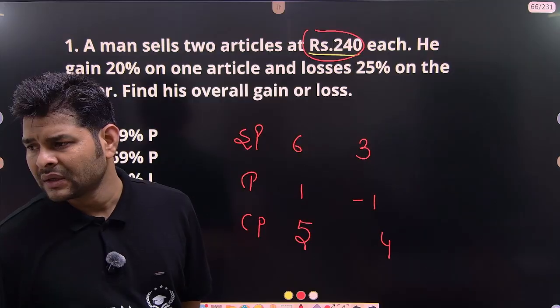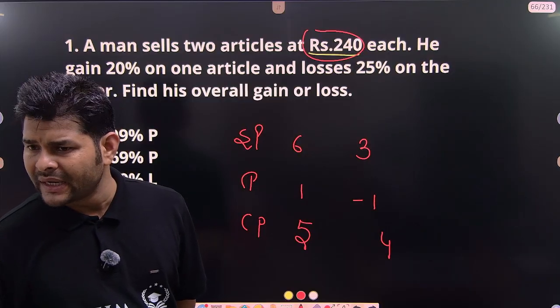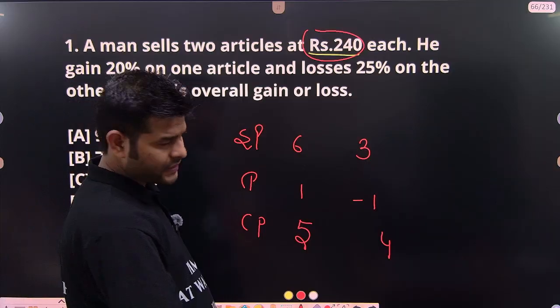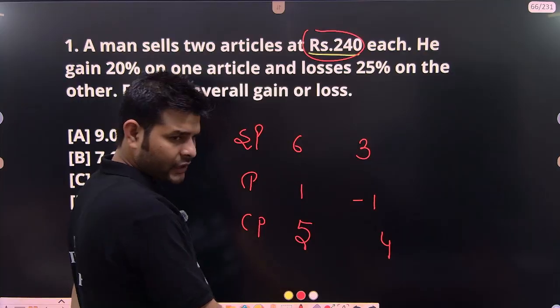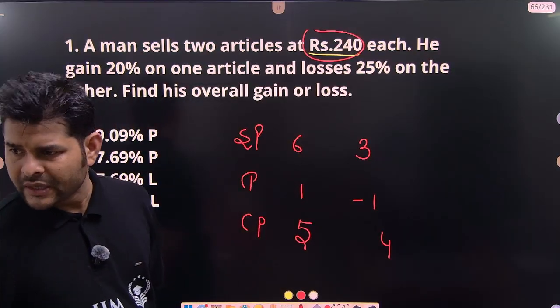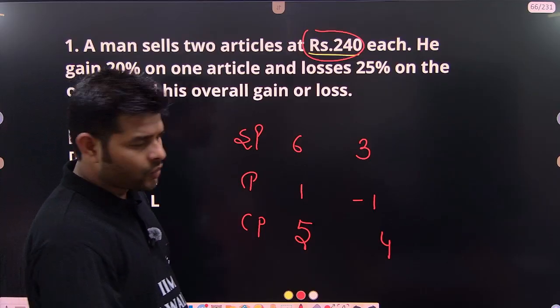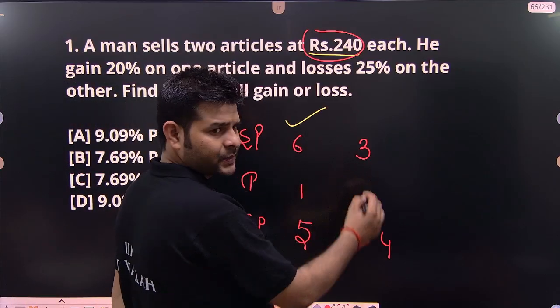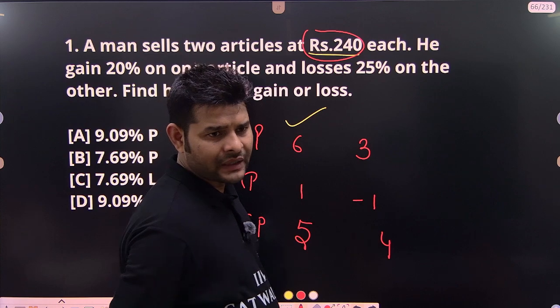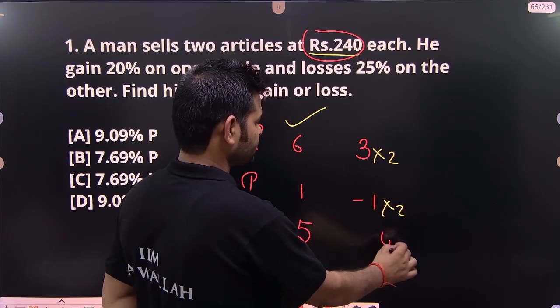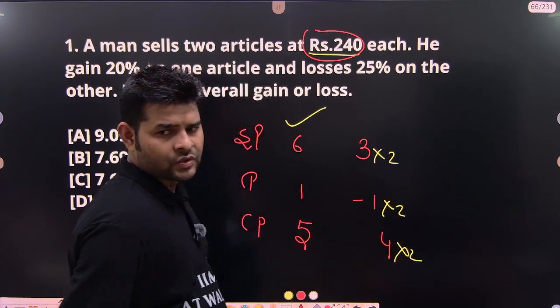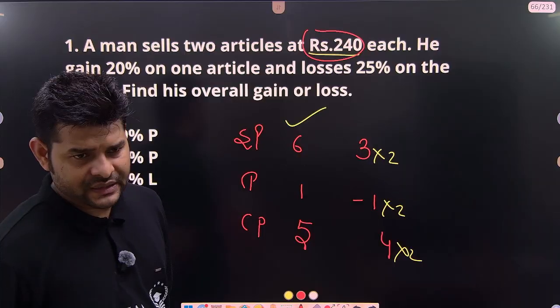That means the SP of both the articles is the same. So you need to make the SP equal. Over here SP is 6, over here SP is 3. So we just need to multiply by 2. So over here we have fulfilled the condition.